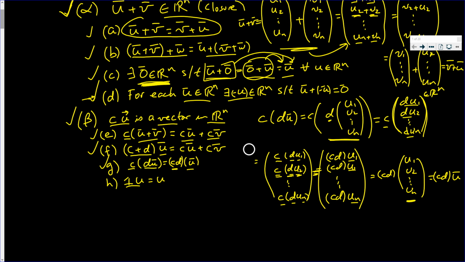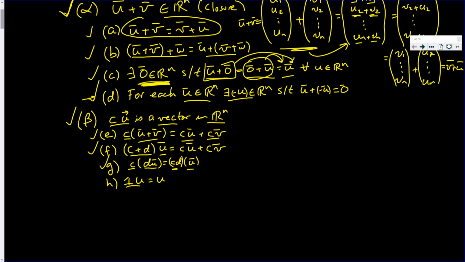Now, I was really worried about how to prove letter H, but I'm no longer worried. In other types of problems, you have to be a bit clever. But 1 is a scalar. So this is 1 times U1, U2 up to UN. And then I have 1 times U1, 1 times U2 up to 1 times UN.